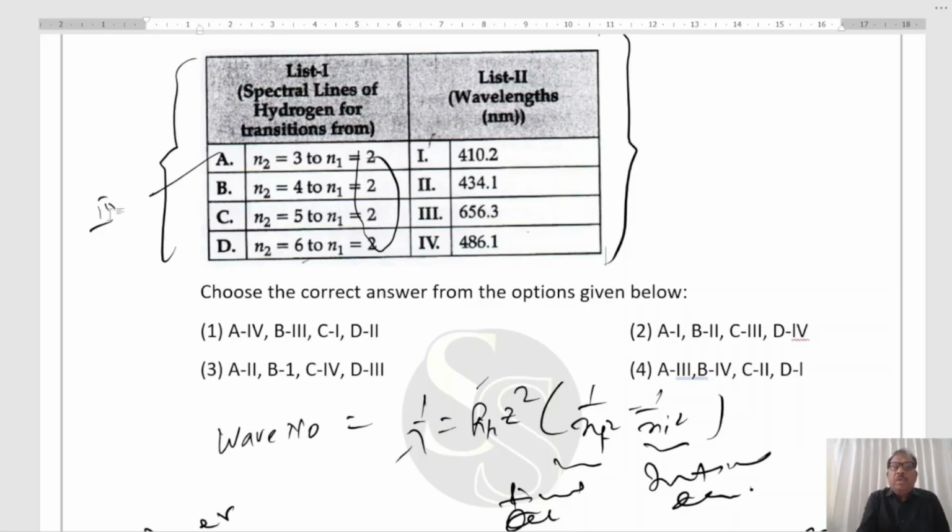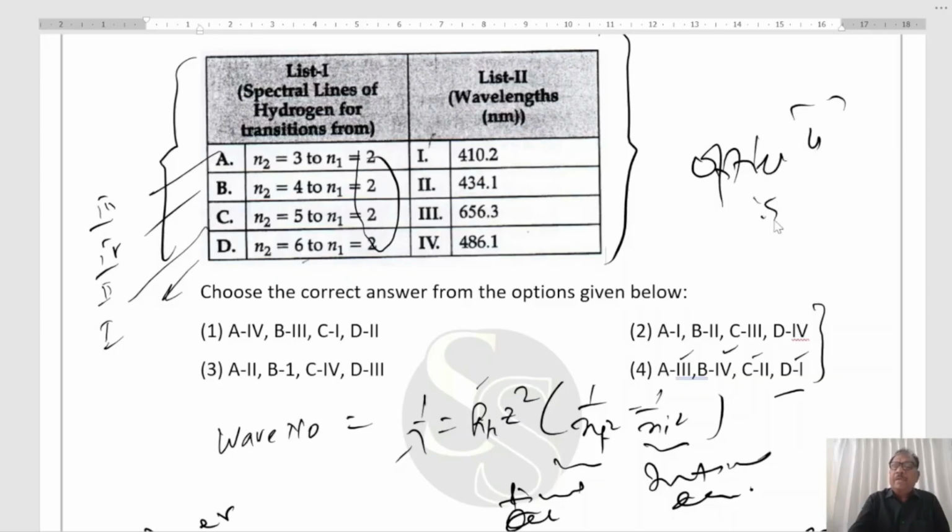B is 2 to 4, which is less; this will be fourth. Then 5 for n to 6 is the least, so D gets 1 and C gets second. So A gets third, B gets 4, C gets second, D gets 1, right? This is option 4. Option 4 is correct.